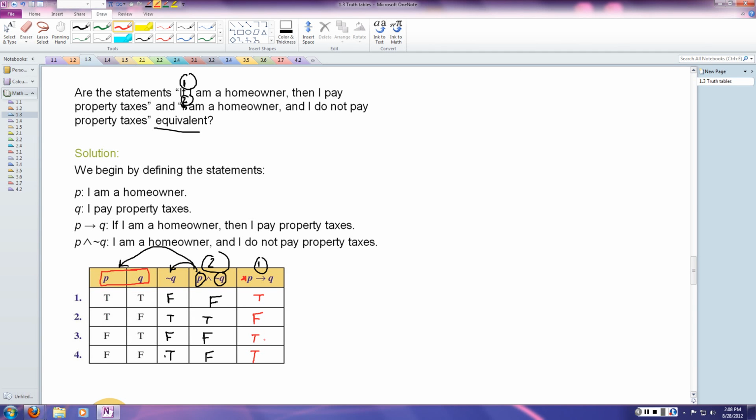So now we're comparing the two statements. Automatically we can see that the columns are not the same.